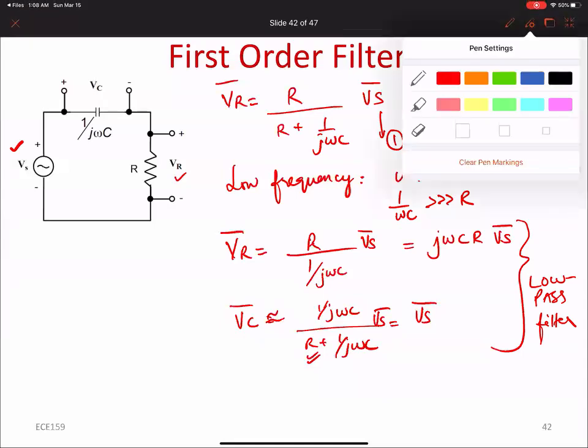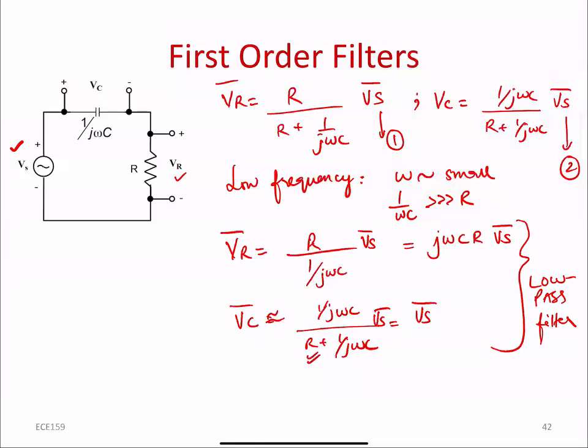All right, so let's say we have very large omega frequency, which means that 1 over omega C for a capacitor is much smaller compared to the resistor. So this is the high frequency circuit we are studying, right?